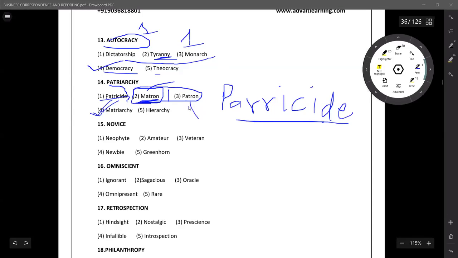See, guys, understand this very carefully. Matron, mother's duty is taking care. So matron basically is caretaker, motherly figure, governess. Father or patron's duty initially was money, finance.